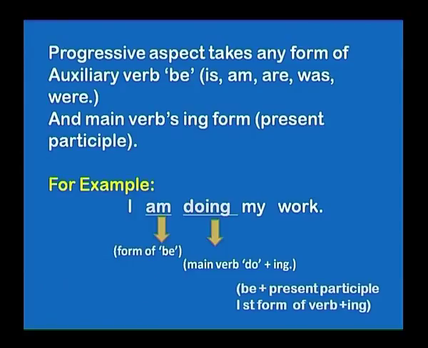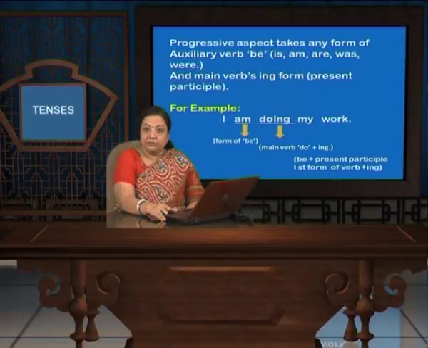Now, am is taken from the auxiliary verb, that is a form of be, and the main verb is do here. We add ing, that is be, which is am here, plus present participle. Do is the first form of verb here and we add ing to it to form this sentence.